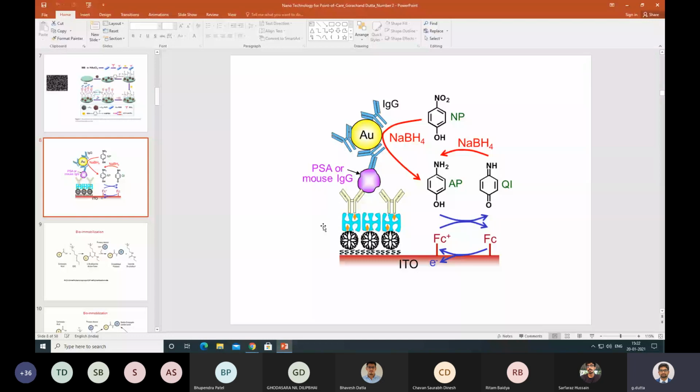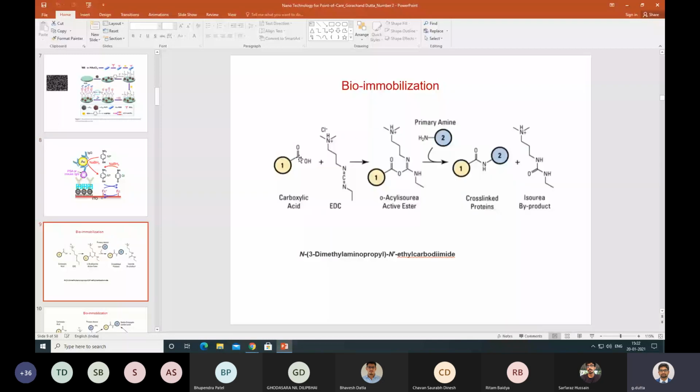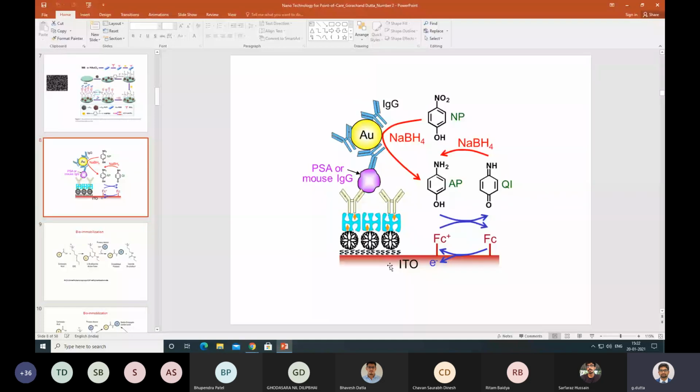See here in this slide, you can see this one, COOH. This is the carboxylic group, and one means you can say this is actually some surface. Means you can put ITO. So ITO is a transducer surface on which you are going to immobilize the primary antibody.